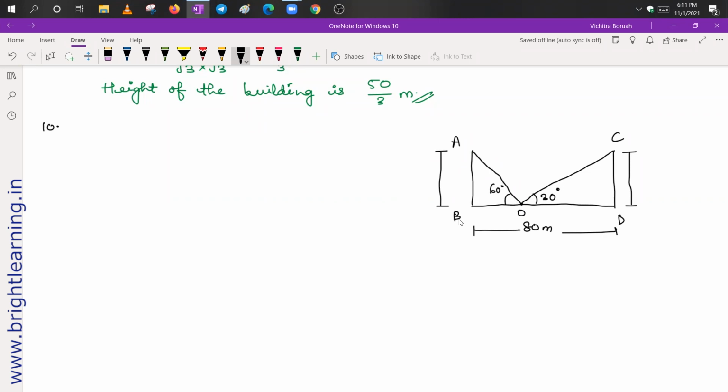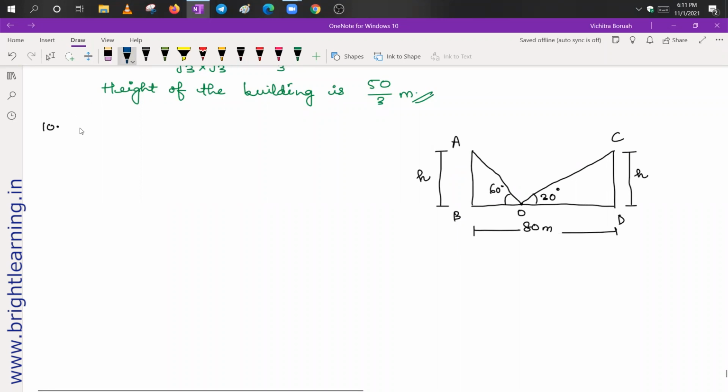Okay, so here what we will do, first let us consider that the height of both the poles is each. Suppose the height of both the poles is each.